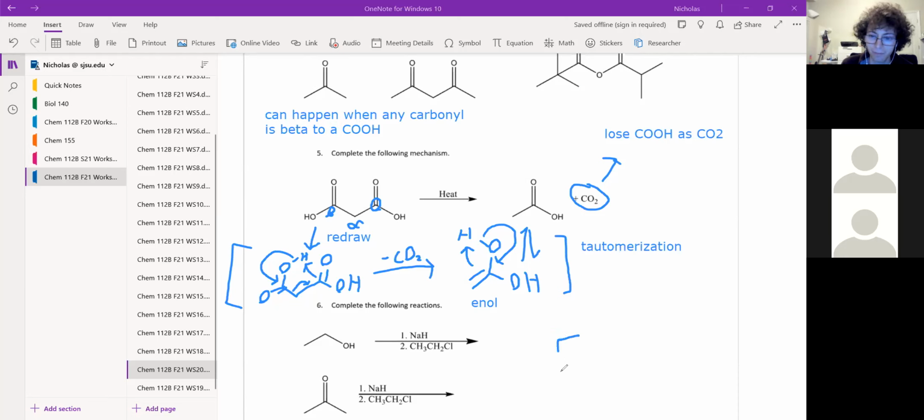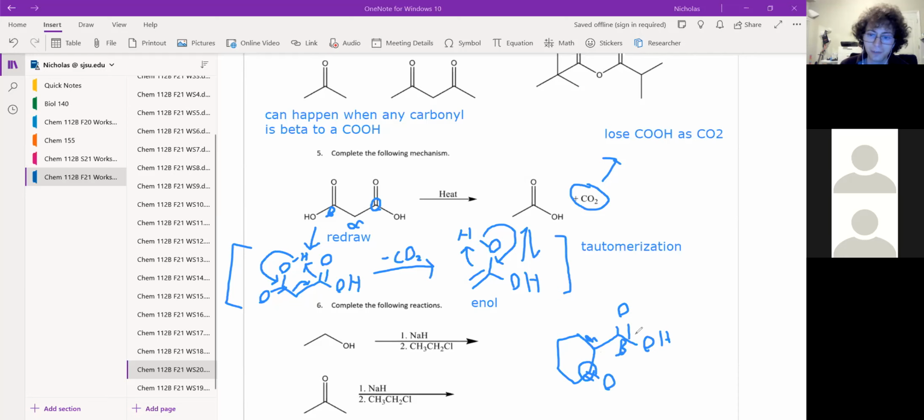Like maybe he would give you a structure like this. And at first glance, unless you're looking for it, that might not pop out to you. But if you are looking at this ketone, this is alpha and the carboxylic acid is beta to it.